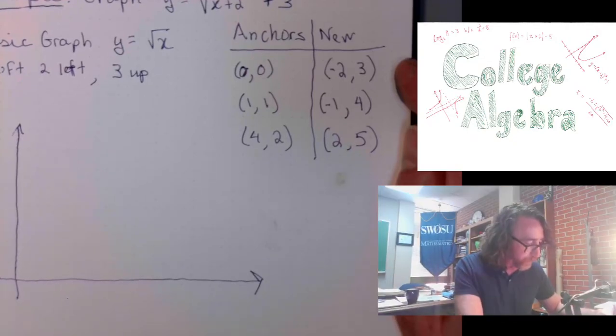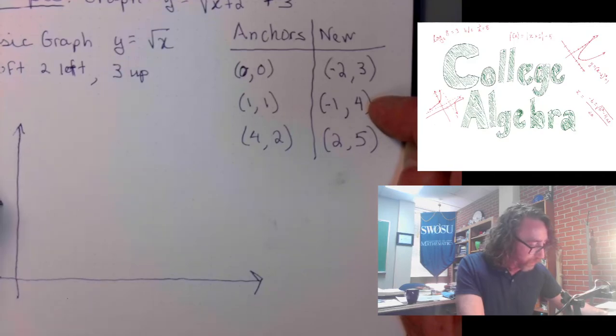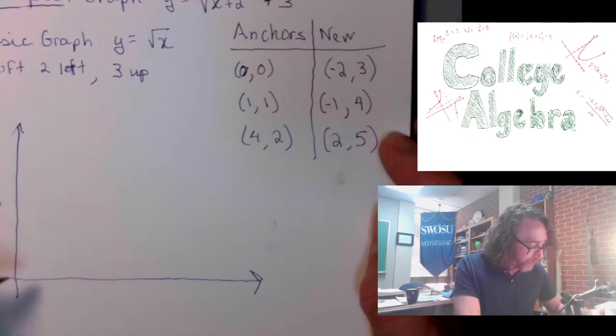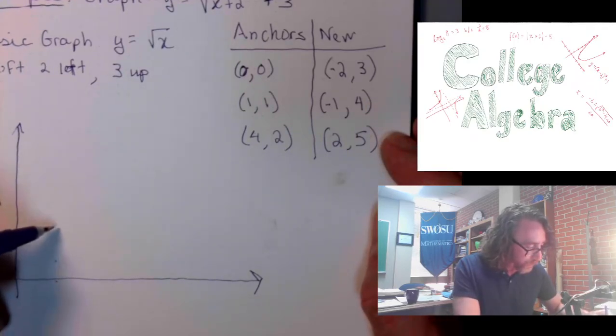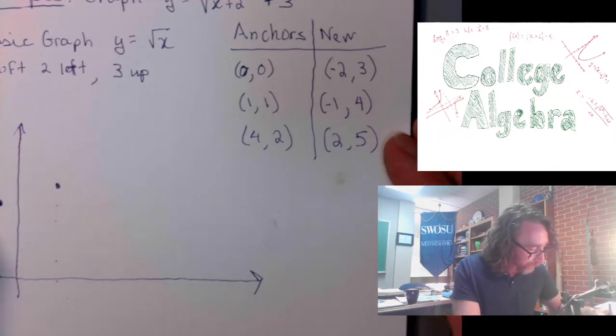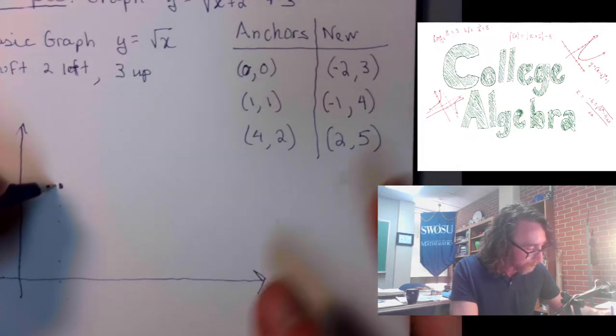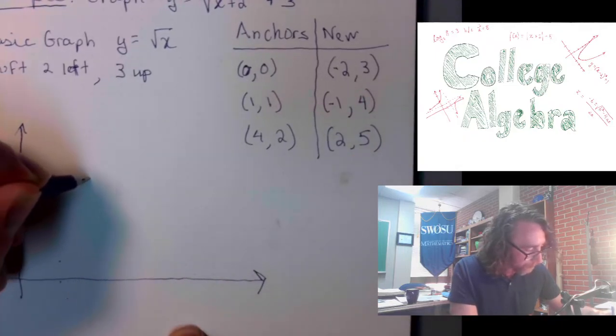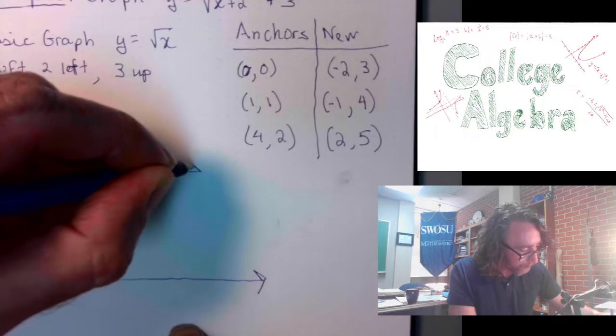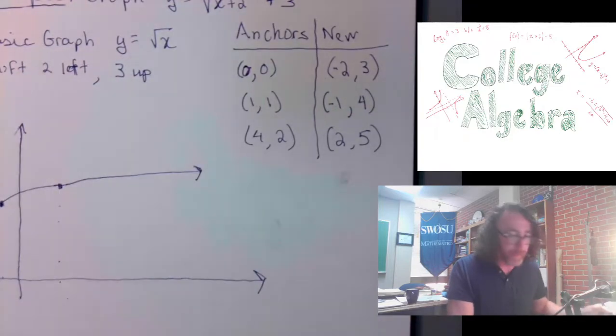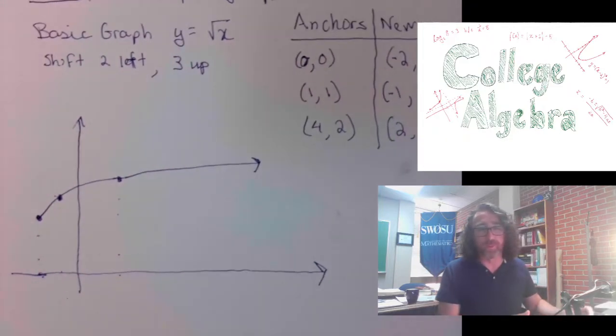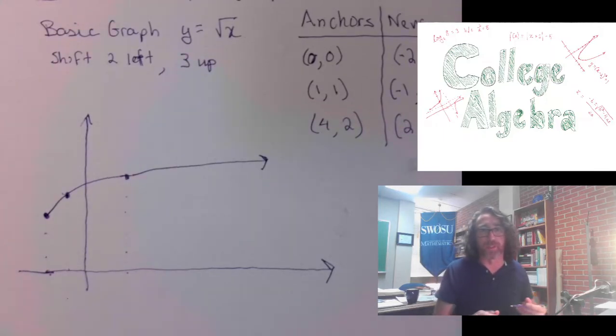That's a point on my new graph. Negative 1, comma 4, which is right here. And then 2, comma 1, 2, 3, 4, 5. And we connect these with a nice smooth curve. And that's our graph.